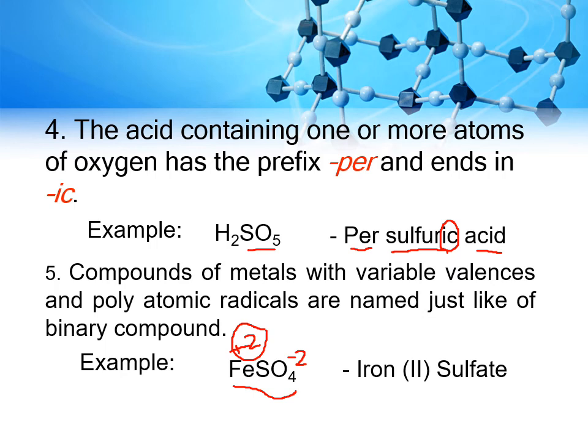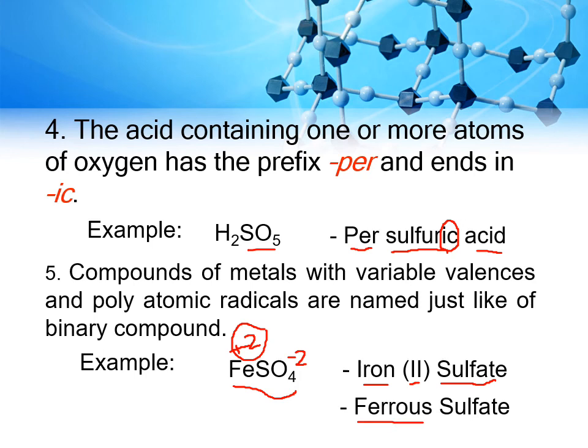Thus, the name of this compound is iron followed by the oxidation number used by iron, which is in open parentheses and written in Roman numerals, that is II, followed by the name of the polyatomic ion, which is sulfate. Therefore, the name of this compound is iron(II) sulfate. Or we could also name this as ferrous sulfate.